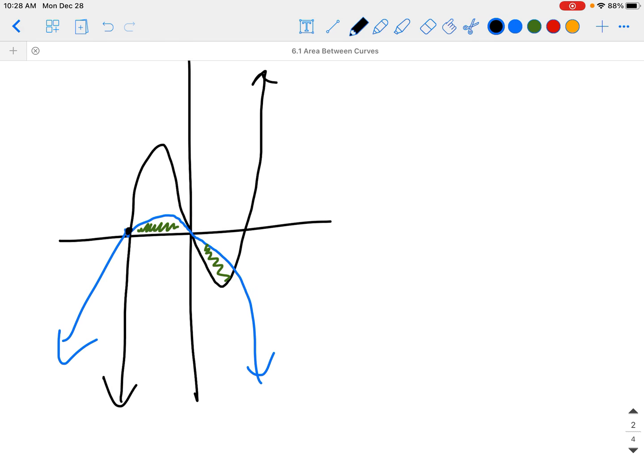All right, so our first intersection, maybe we'll call that x1, is negative 1.632993. x2 is just 0, since they both pass through the origin.